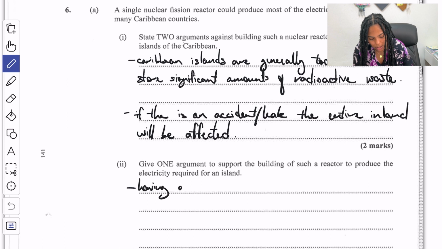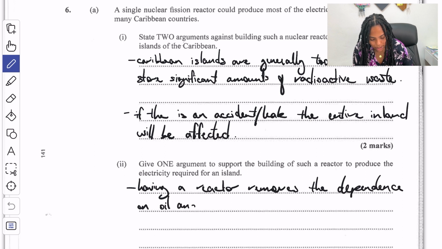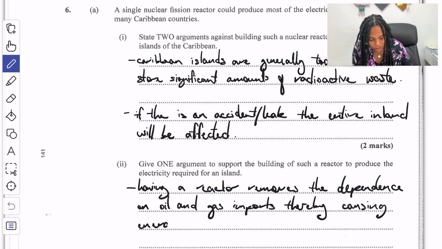Having a reactor removes the dependence on oil and gas imports, thereby causing or increasing energy security.